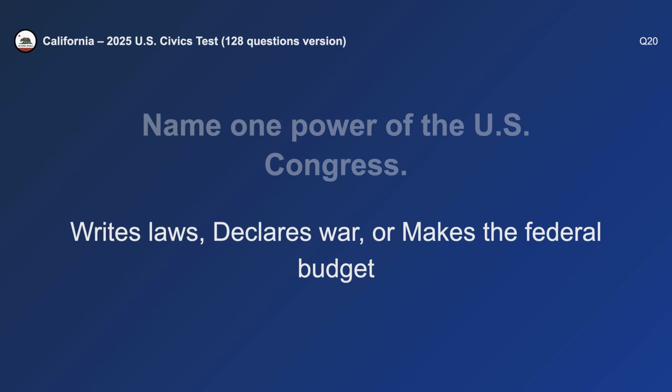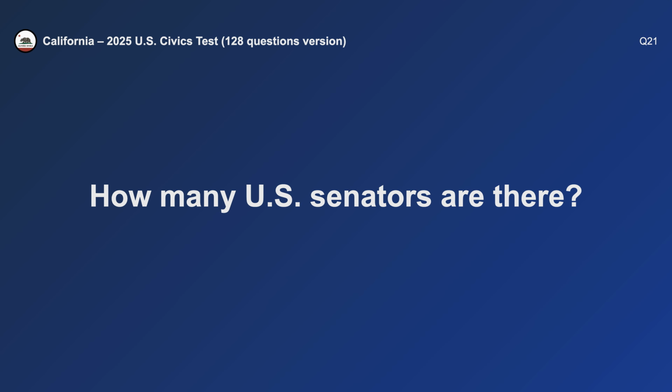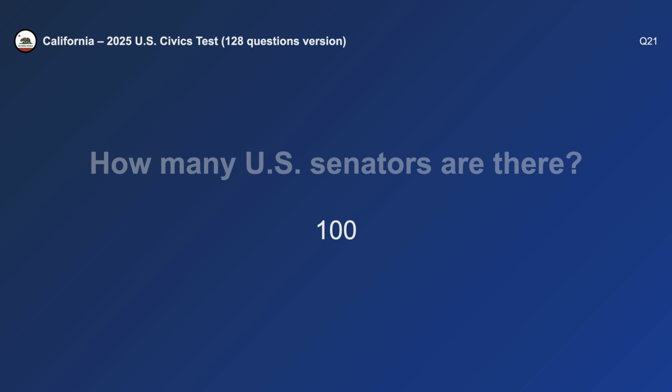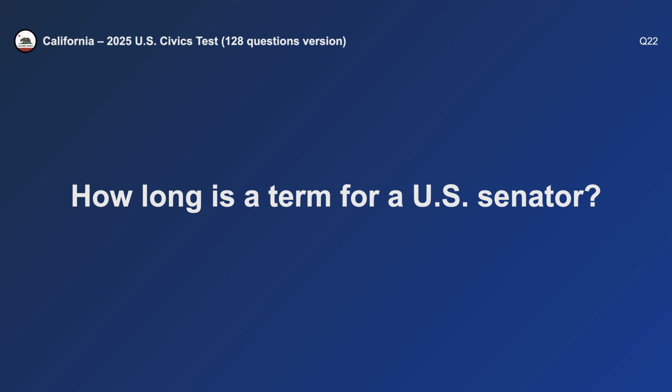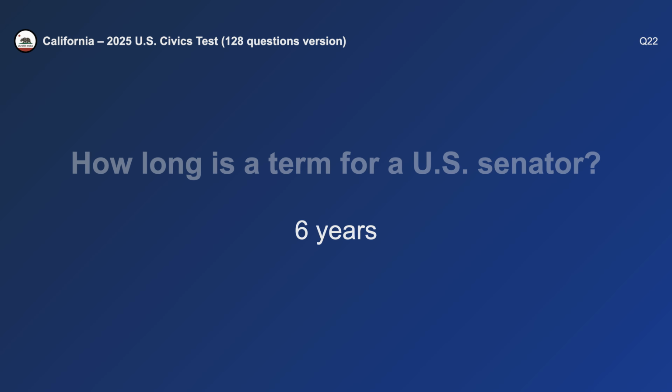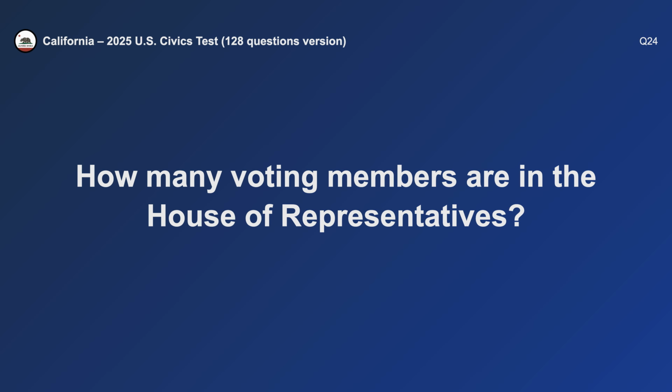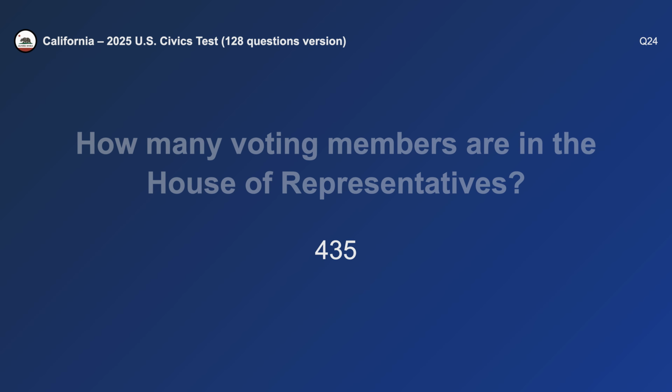Declares war. How many U.S. senators are there? 100. How long is a term for a U.S. senator? 6 years. How many voting members are in the House of Representatives? 435.